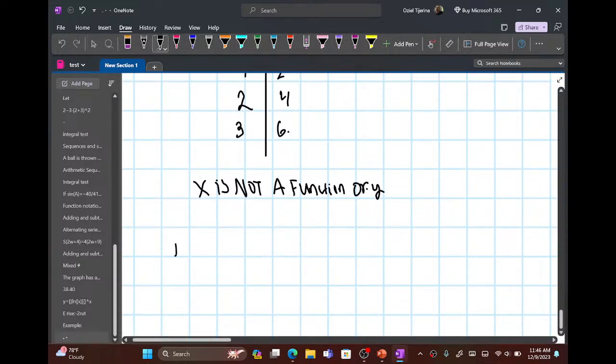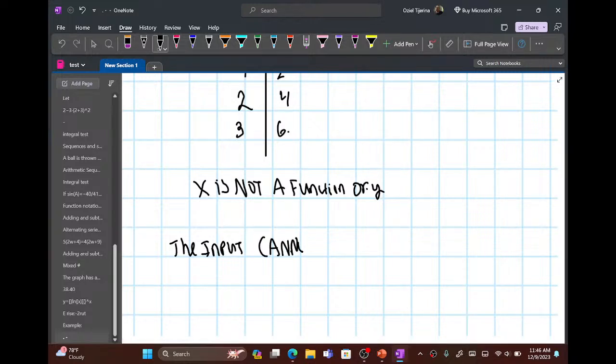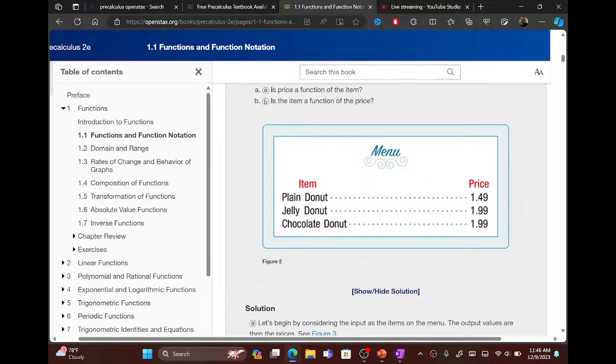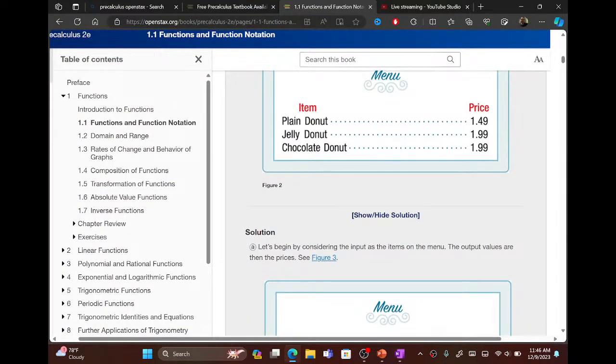In other words, the input cannot be a function of the output. Okay, guys, we really want to make sure we understand that. Only the output can be a function of the input, but not input a function of the output.